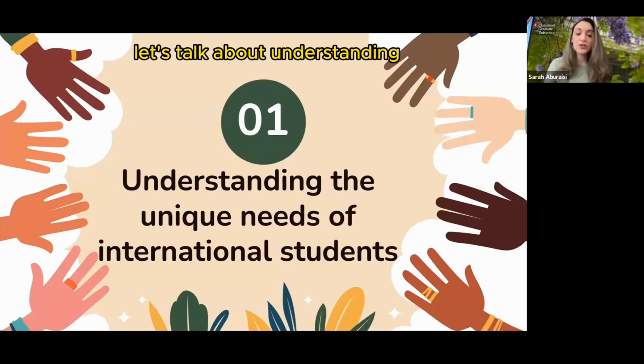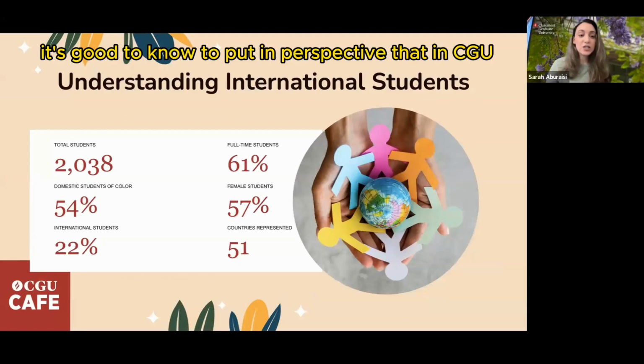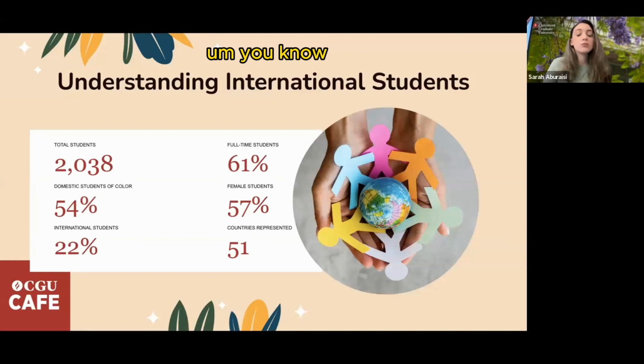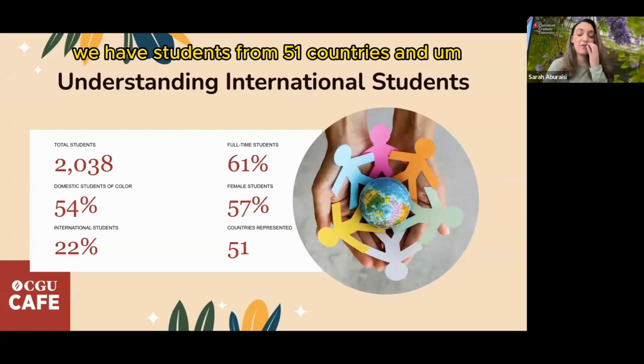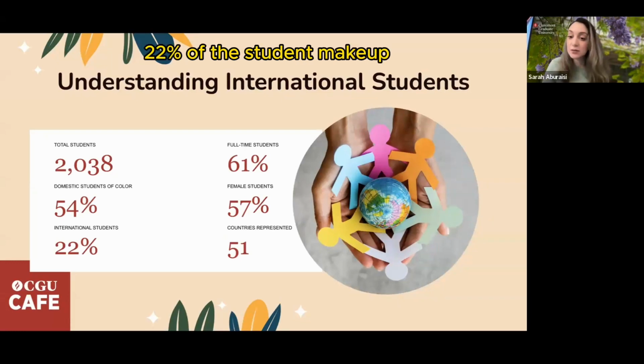Let's talk about understanding the unique needs of international students. It's good to put in perspective that at CGU, we have students from 51 countries, and they represent 22% of the student makeup.